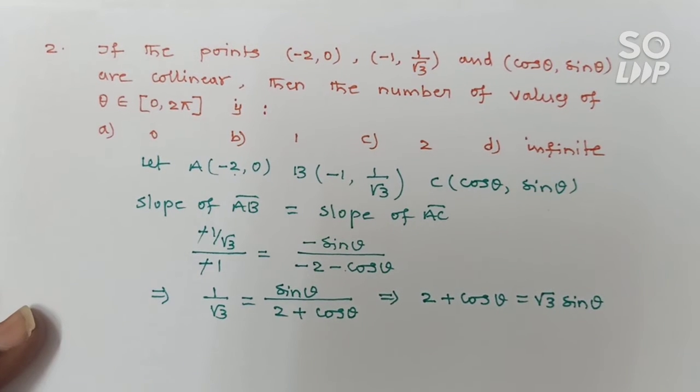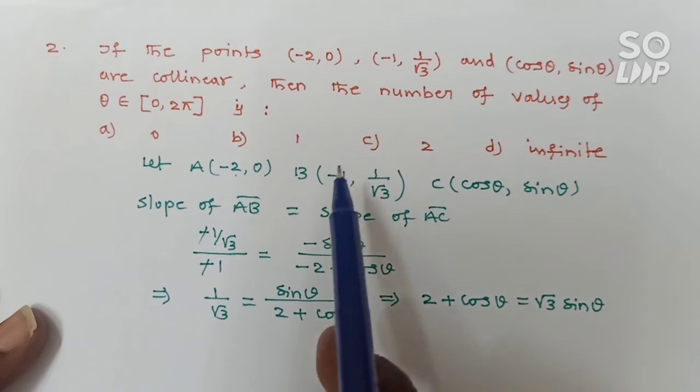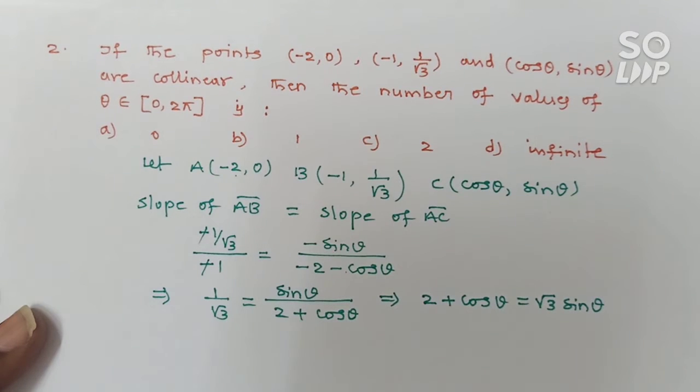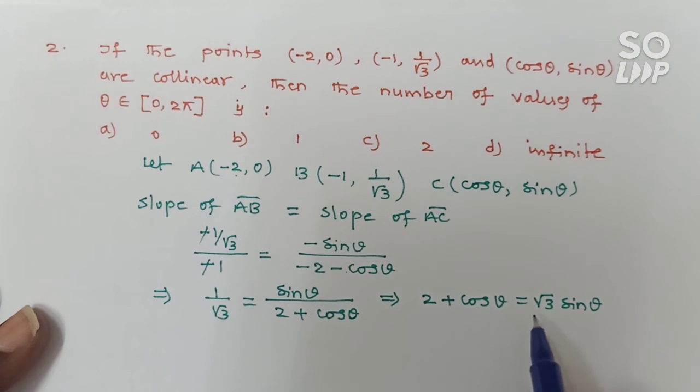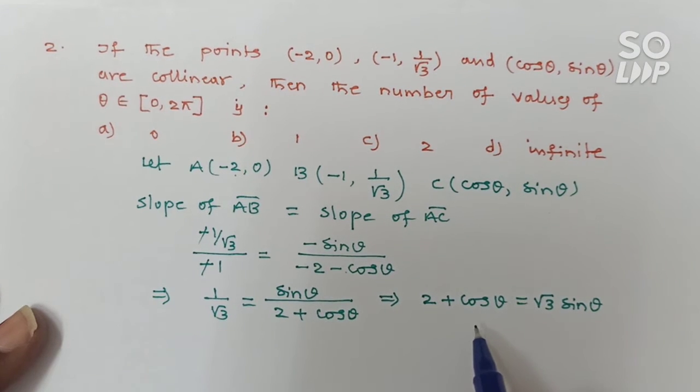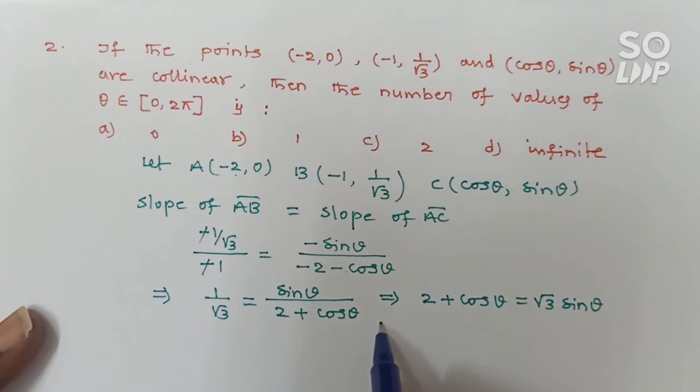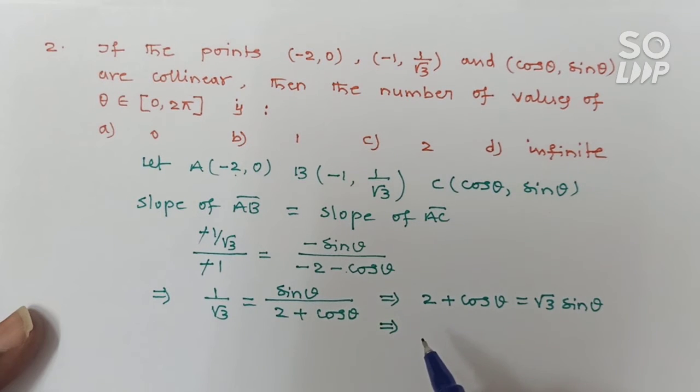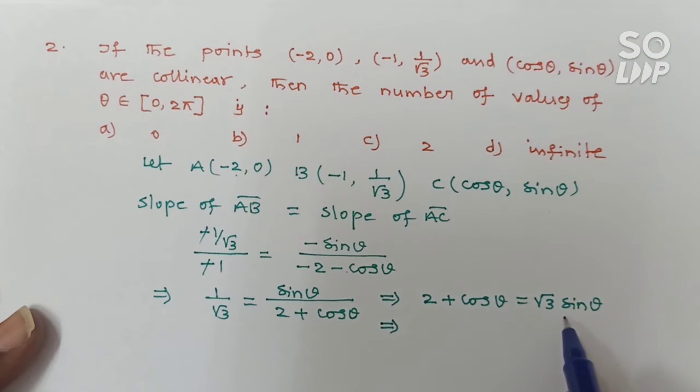So now you have to find the number of values of theta belonging to the closed interval 0 comma 2 pi. That means we should solve this one. How many solutions are there in this interval? Better you convert this into one trigonometric function, either in terms of sine or cos. Now here I will write in terms of cos.